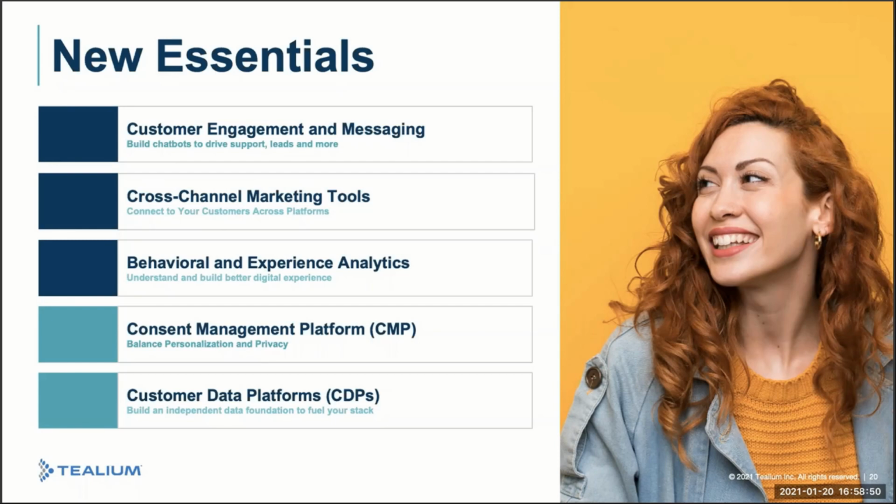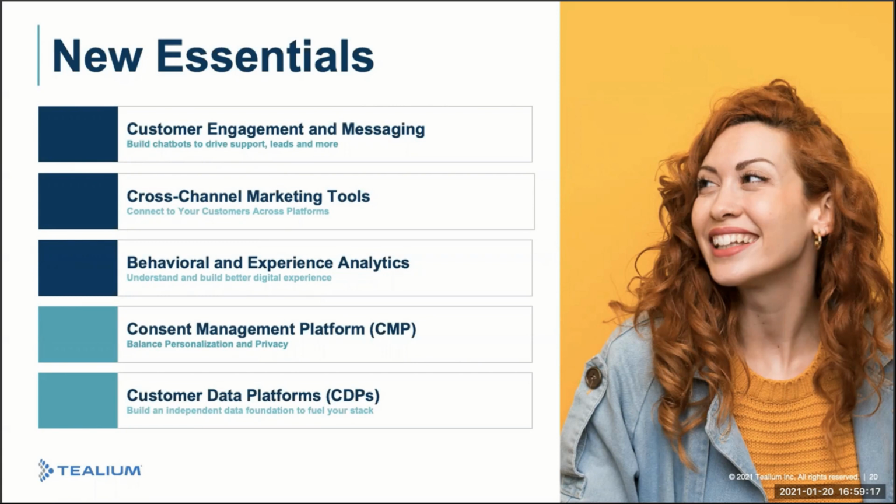And the other thing that I'll add here is those first three that we'll go through are execution technologies. Those are technologies that engage a customer, that tell us insights about a customer. And the other two are really data technologies that you'd add as a foundational component to your tech stack that feed those technologies like customer engagement and messaging or a CRM or advertising, whatever that might be.